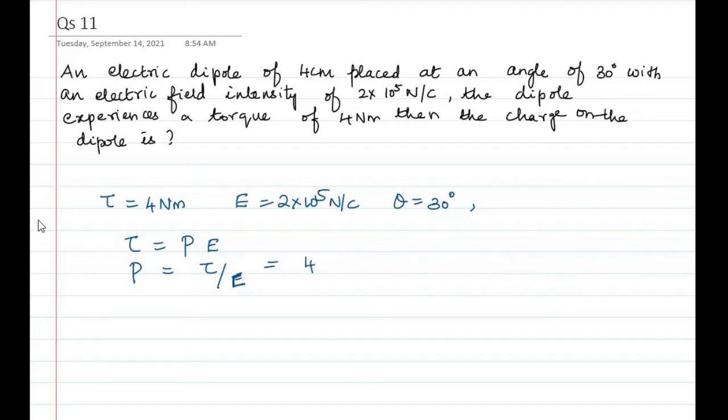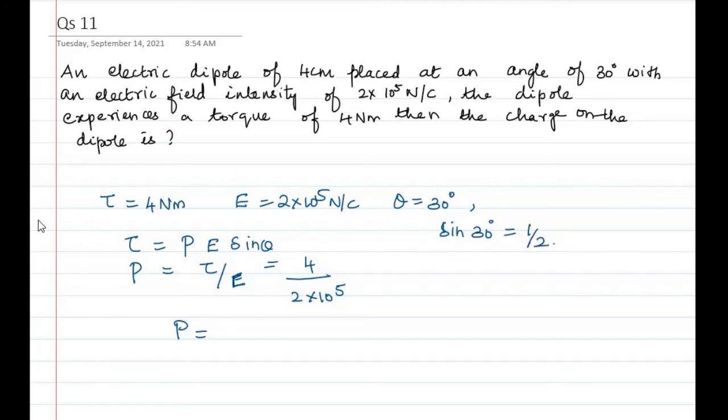Tau is 4, E is 2 into 10 to the power of 5, and sine 30 degrees is equal to 1 by 2.